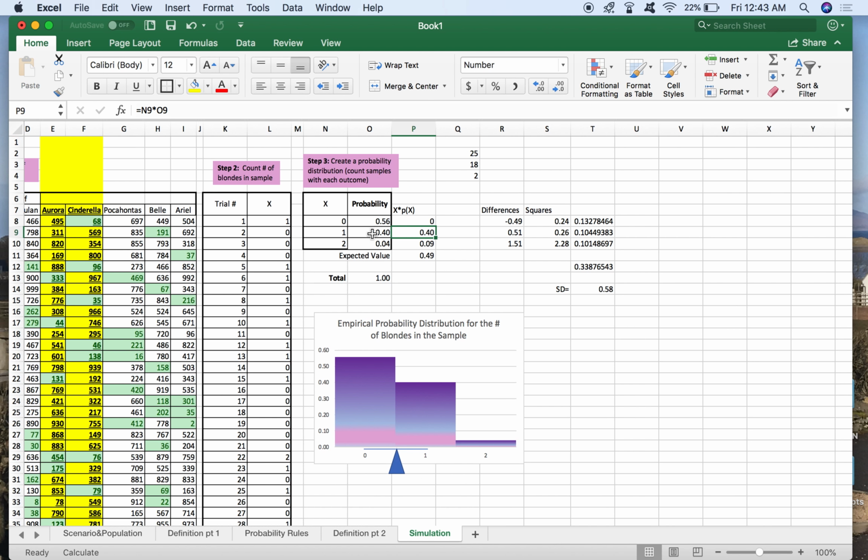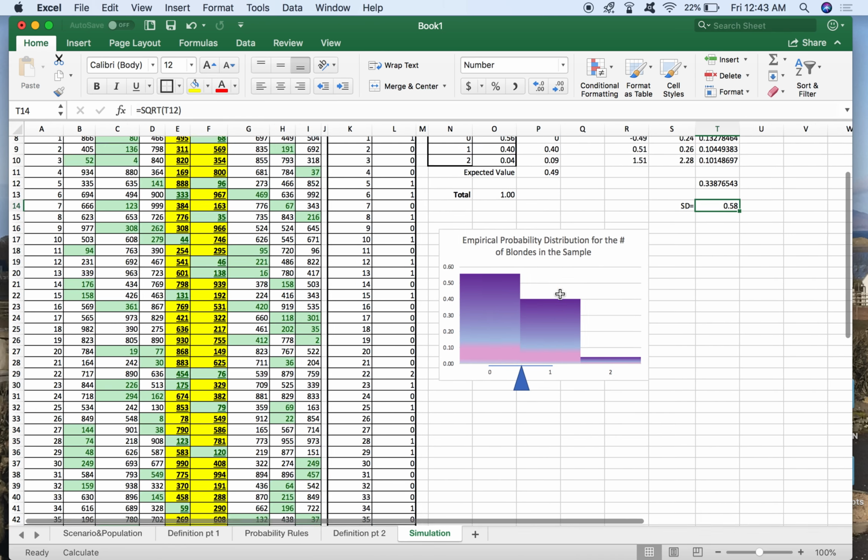So I took these, multiplied to get these, added this up to get the mean, and then I got the differences between. So I subtracted the mean from this, and then squared this number to get the variance, and then here's the sum of that, and then I found the root to find the standard deviation.